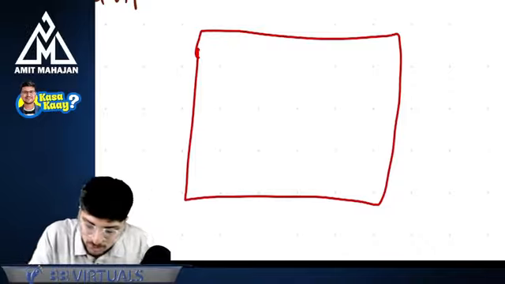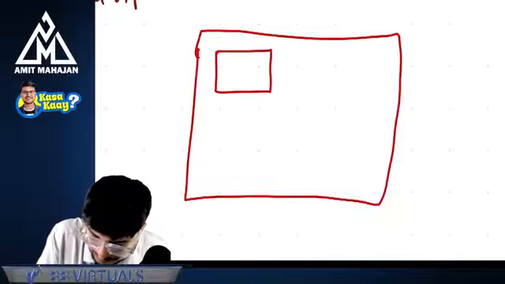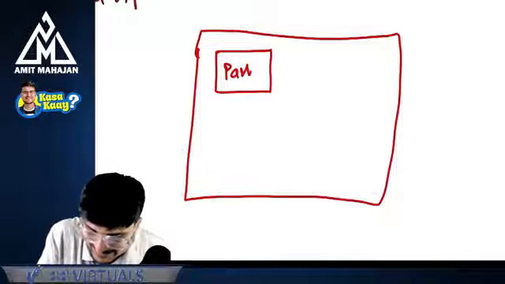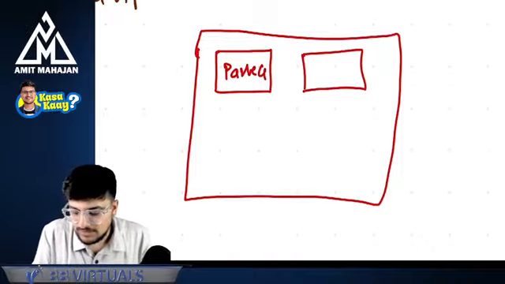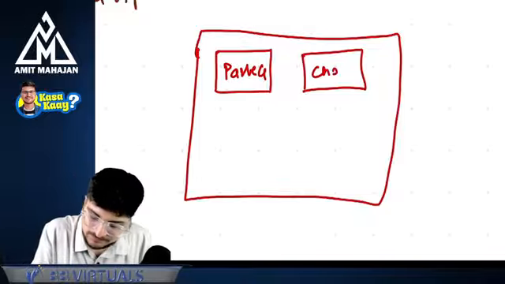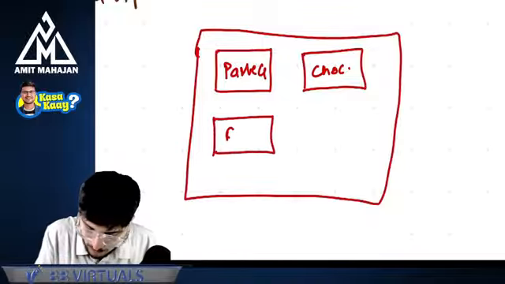Okay. So what did I do? First of all, I bought one biscuit, Parle G. Then I got one chocolate. Then I bought certain flowers.